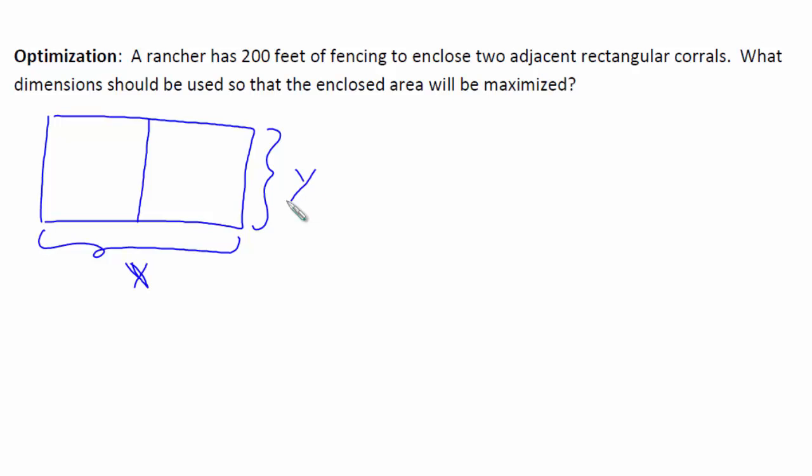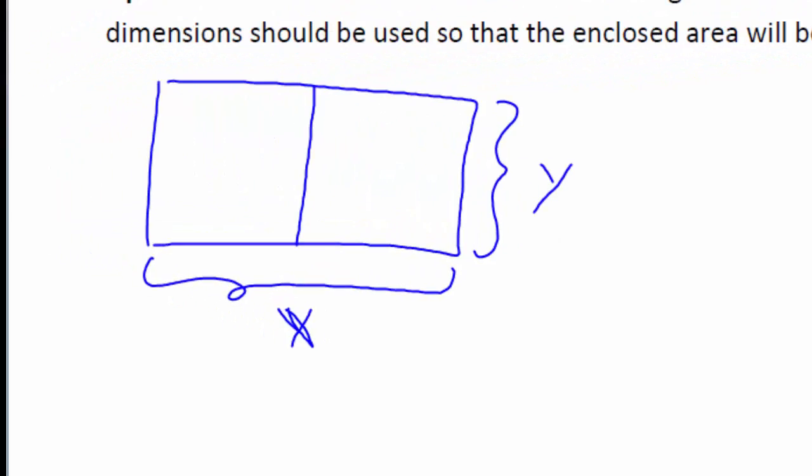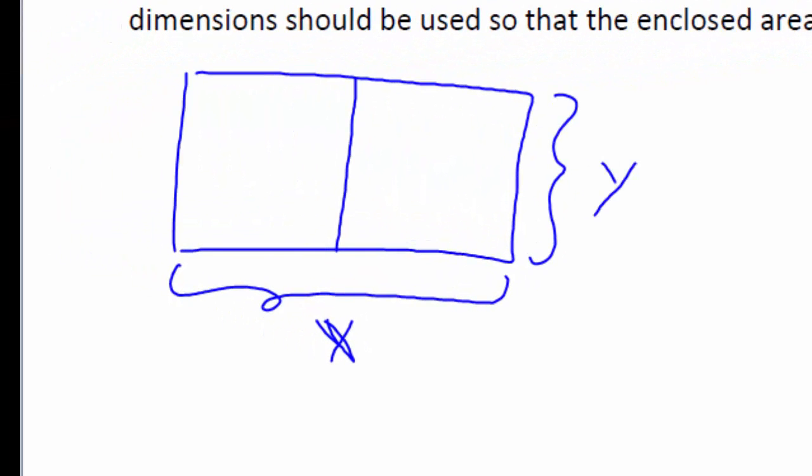Okay, notice that I have two pieces that have length x. And so from that 200 feet, I'm going to need to get those two pieces, plus I'm going to need to get three pieces that have length y. 1, 2, 3.